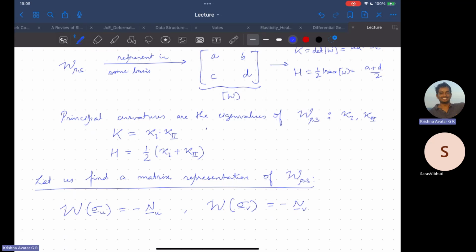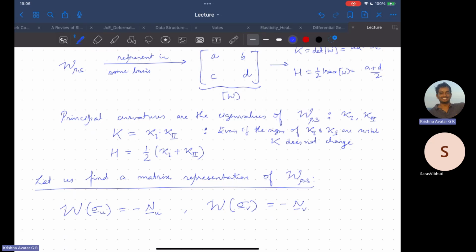And here what we see is that even if the signs of kappa_1 and kappa_2 are switched, K doesn't change. If you take minus kappa_1 and minus kappa_2, the product is always kappa_1 kappa_2. So Gaussian curvature doesn't care about this. You will ask, how is the sign changing?